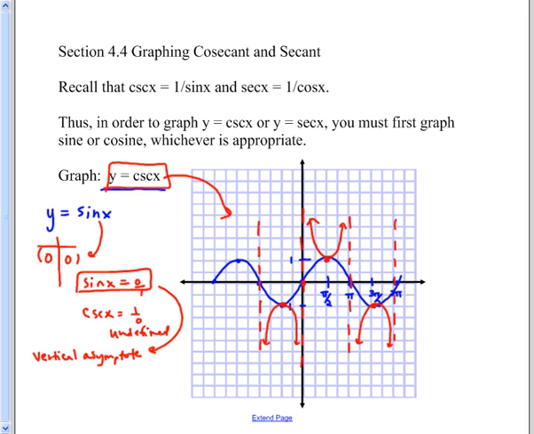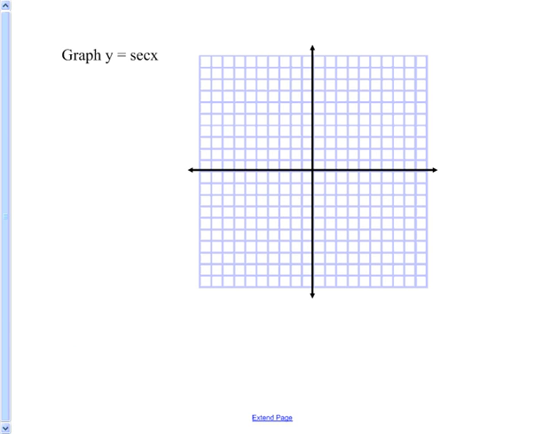Right, let's repeat that process with secant. Again, if you're going to graph secant, you must first graph the complementary cosine. So 0, pi over 2, pi, 3 pi over 2, 2 pi. And cosine ranges from 1 to -1.